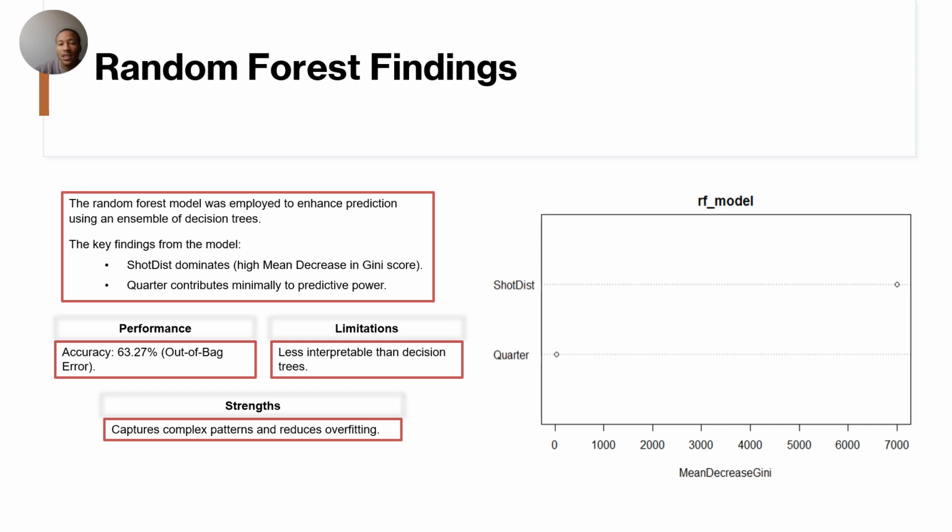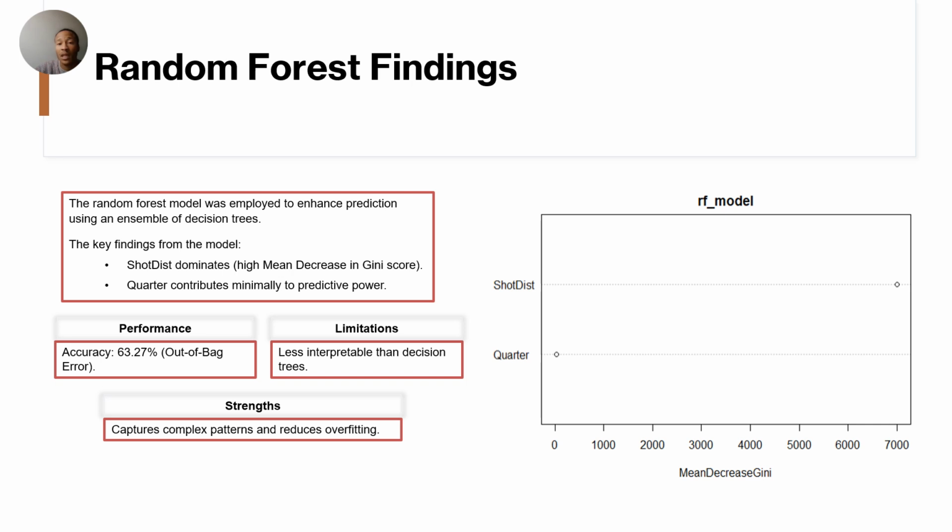The model achieved an accuracy of 63.27%, which is a substantial improvement over the logistic regression and decision tree models. Random forests are particularly effective at capturing complex patterns in the data, while also reducing overfitting, which is a limitation of just a single decision tree.